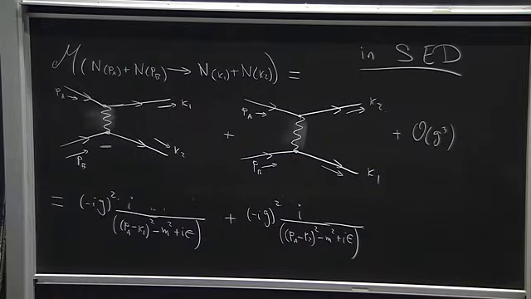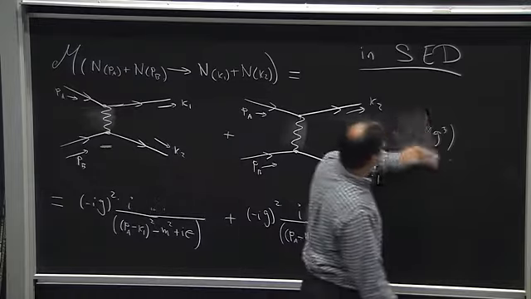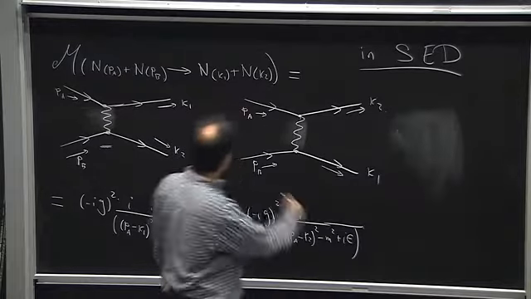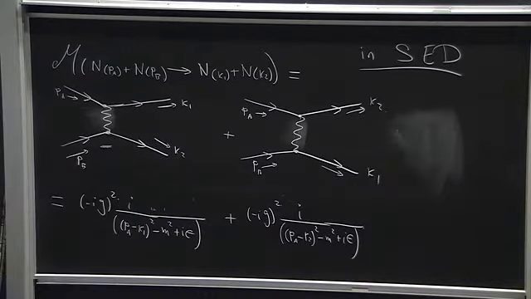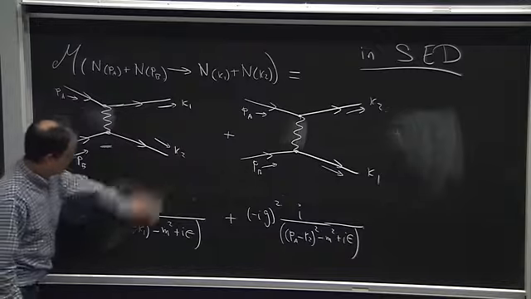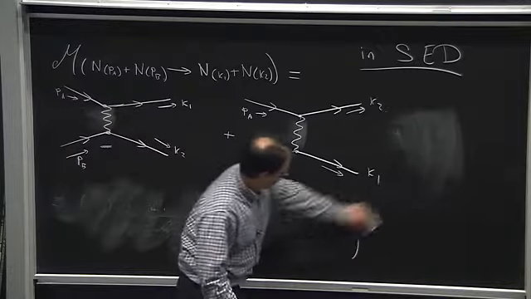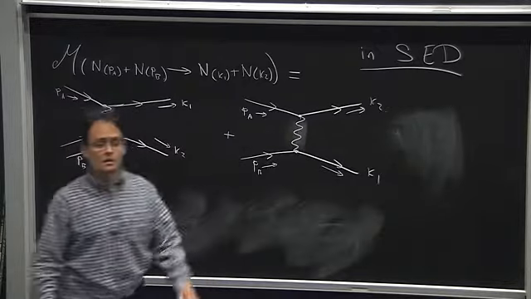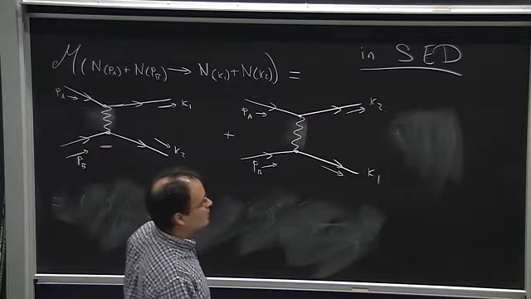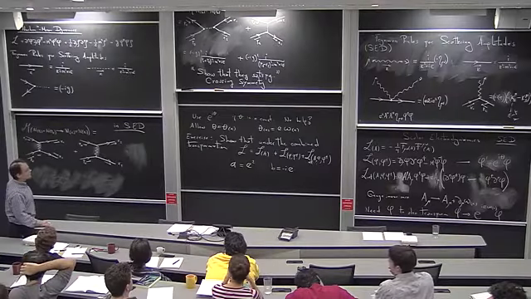Now, is there any other diagram in this particular case? In second order, there's a photon loop. But that's fourth order.